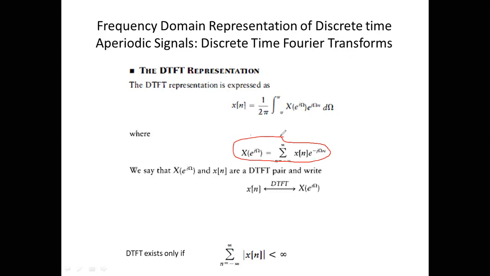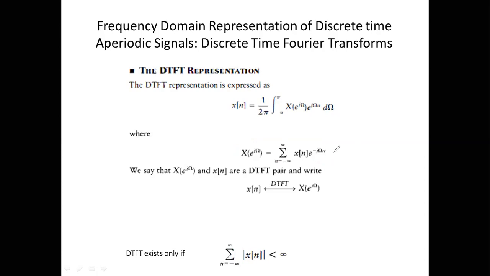As I was telling yesterday, X of z was x of n z to the power minus n. It's very similar, the only thing is z has been replaced by e to the power j omega.